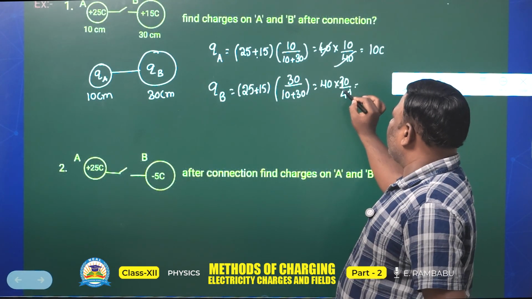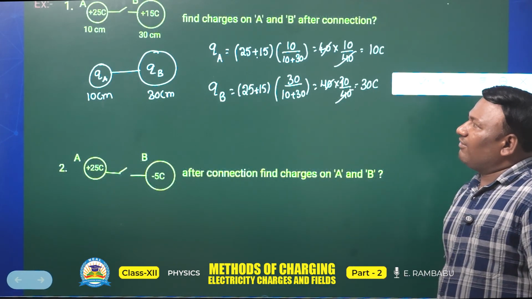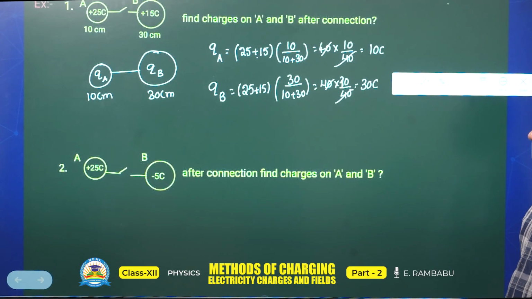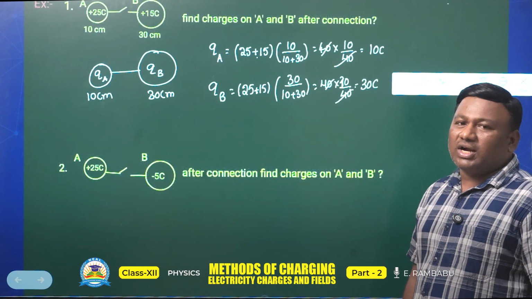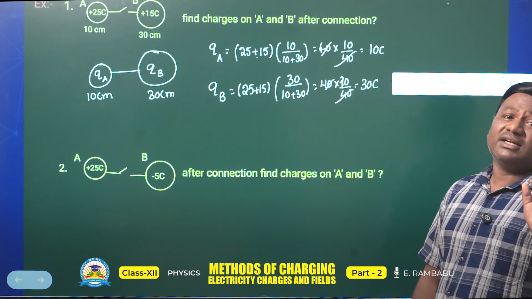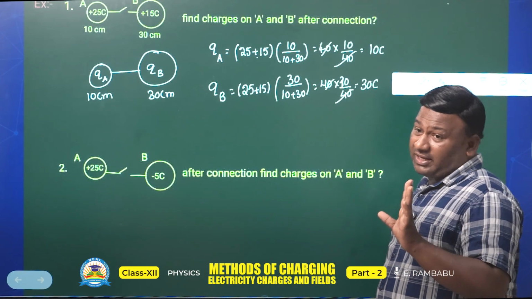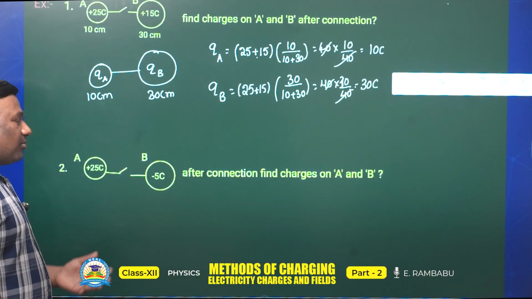Here 40 and 40 cancel. This is 30 coulomb. So like that, whenever non-identical bodies are taken into contact, the charge is transferred depending upon their radius. Charge is directly proportional to size. More size, more charge.